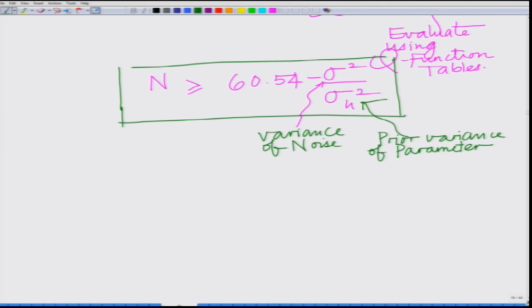Let us look at a simple example to understand this. Again, let us go back to our wireless sensor network example.